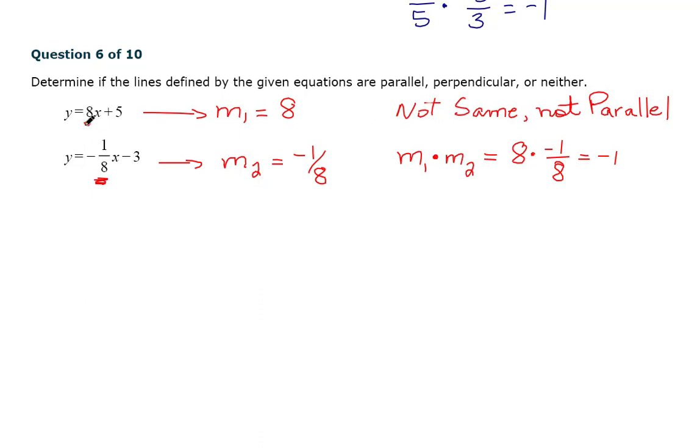The slope of this first line, it's in y equals mx plus b form. So I see m is 8. And I look at the second one's slope, and that's a -1/8. Well, they're not the same, so they're certainly not parallel. But what about the product? Well, the product is -1, so they are perpendicular.